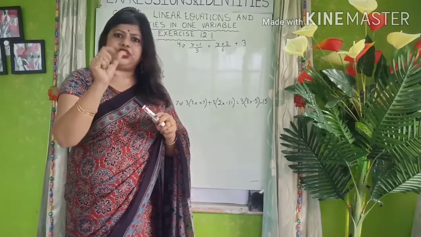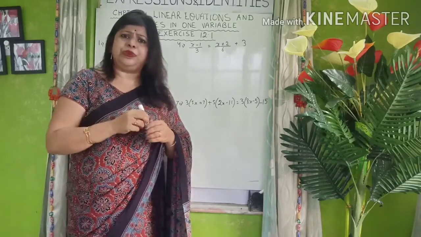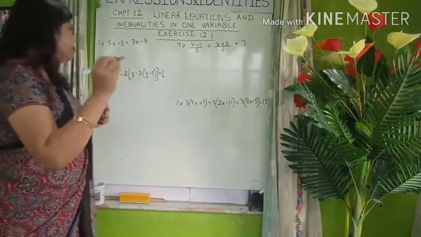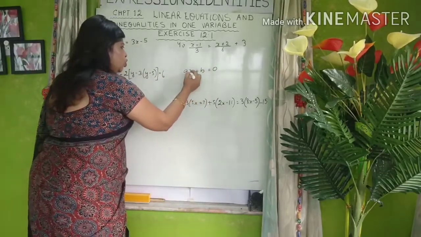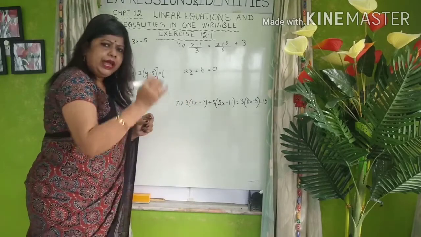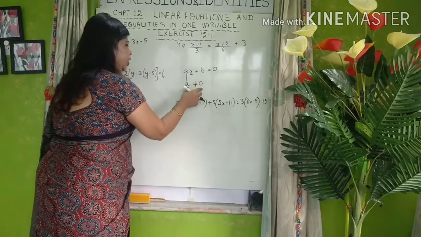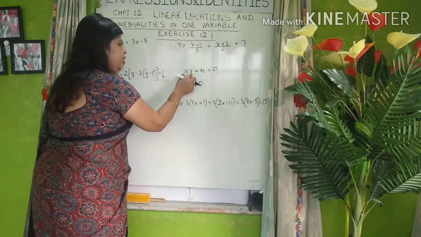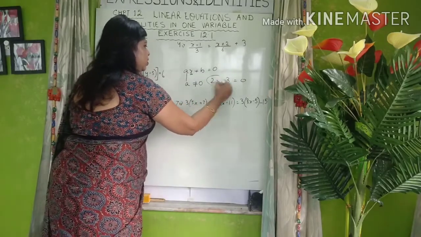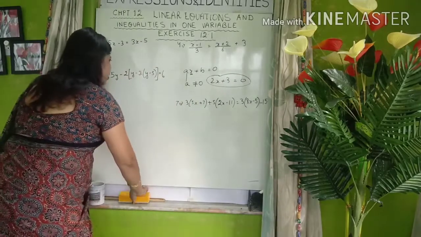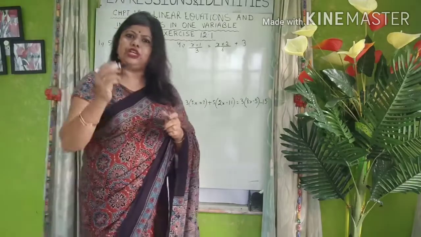A linear equation is, say, ax plus b equals 0. So x is your literal here, a and b are numbers, and a should not be equal to 0. Whatever you write, say 2x plus 3 equals 0, becomes your linear equation.